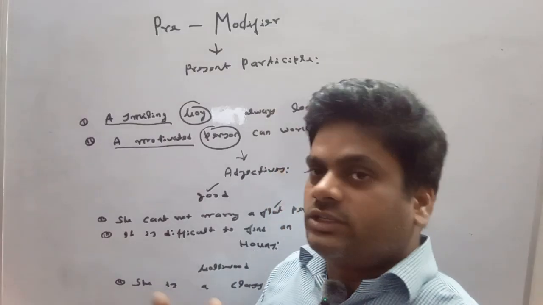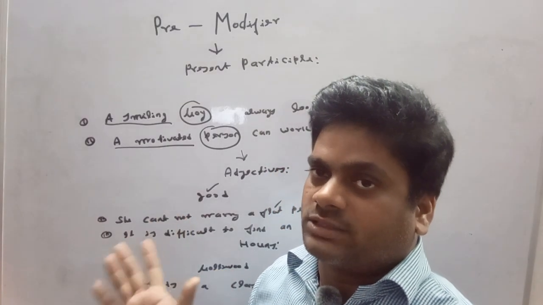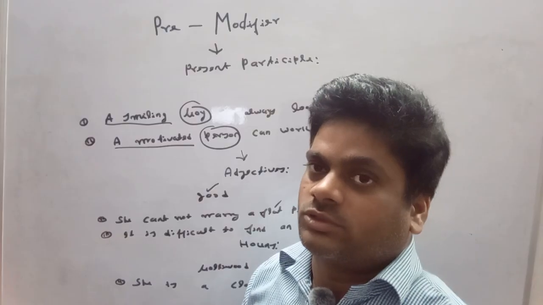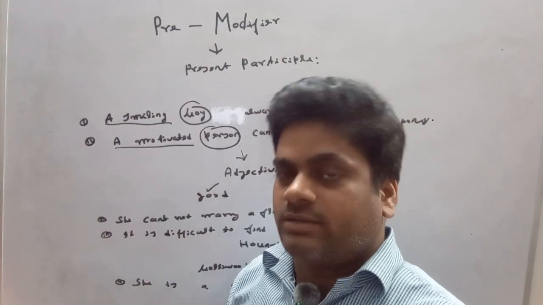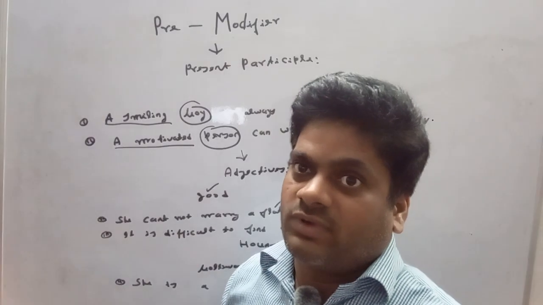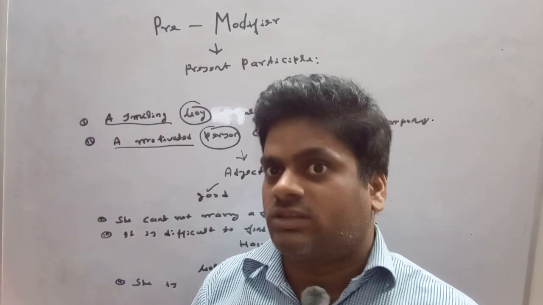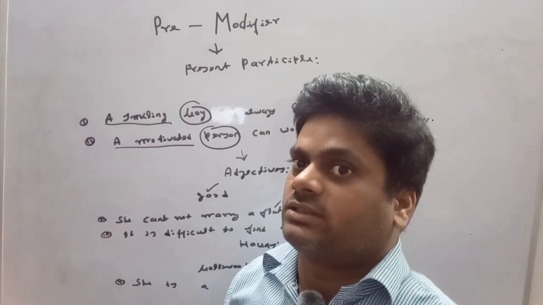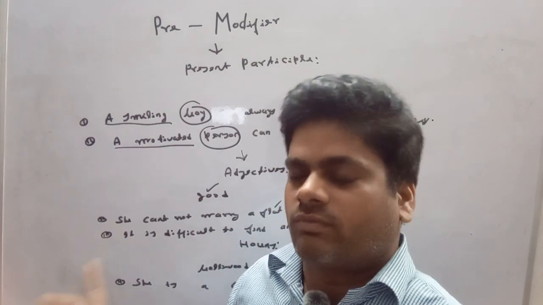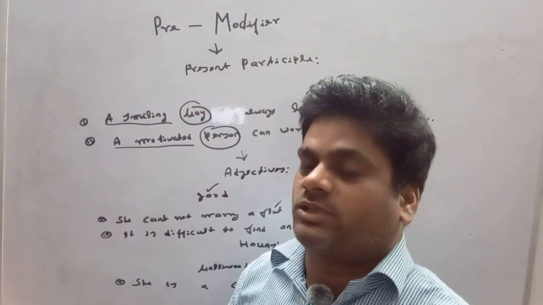But determiners, pre-modifiers, present and past participles can work as an adjective or as a determiner only if they work in the structure of the sentence, and outside the structure of the sentence they cannot work as an adjective.